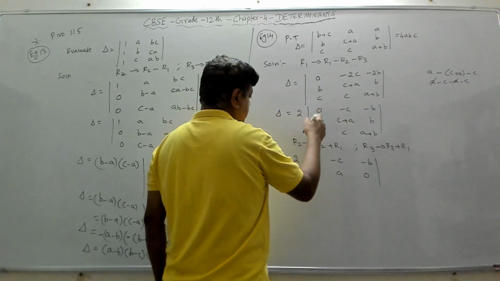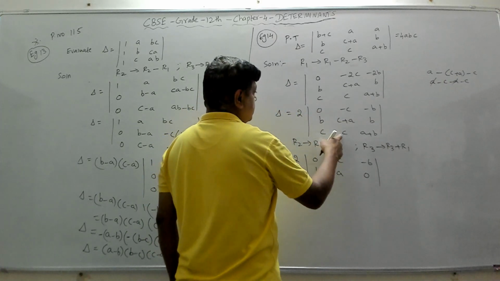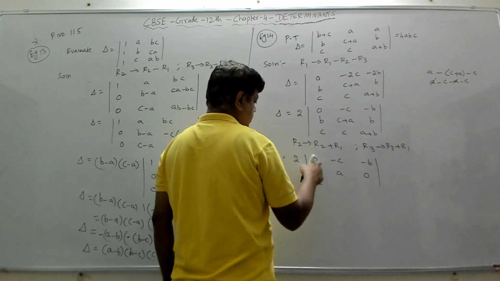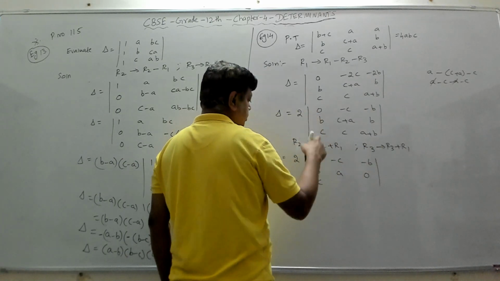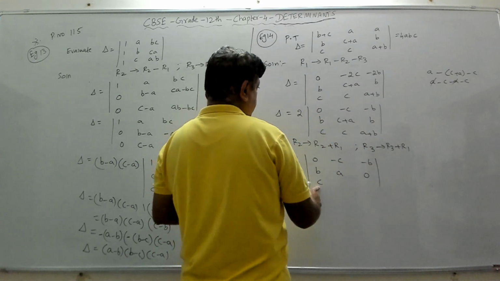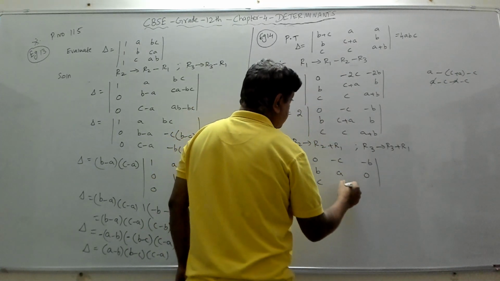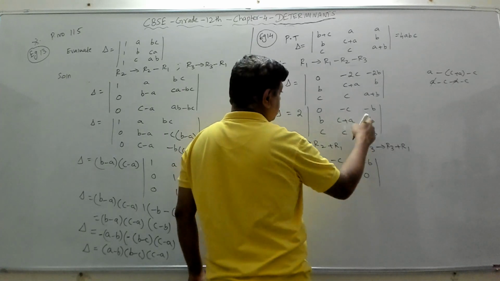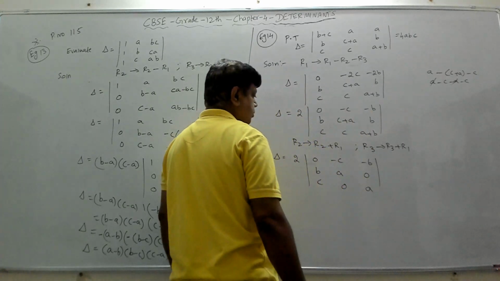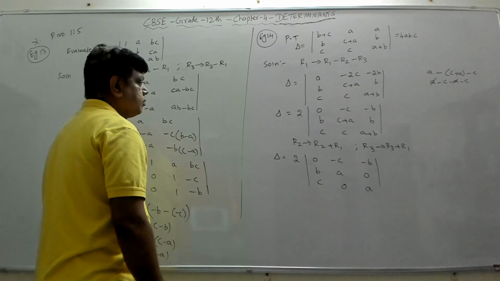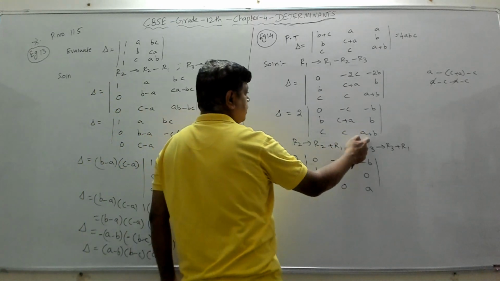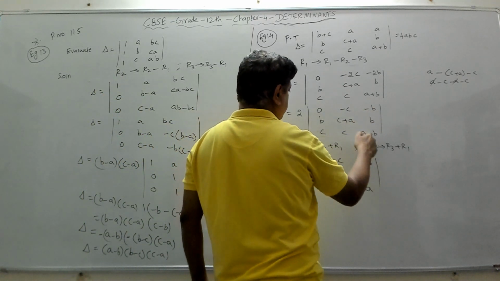Then C plus 0 is C. Again, C plus minus C is 0. Again, this plus this will give you A. So A plus B plus minus B will become 0.